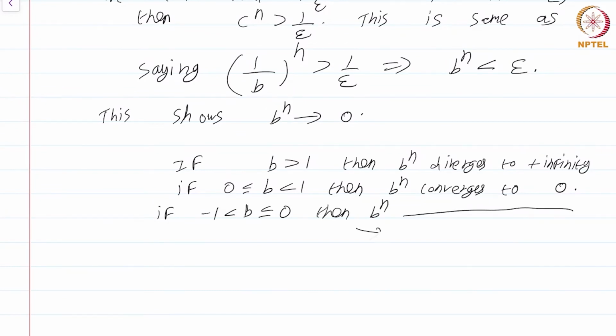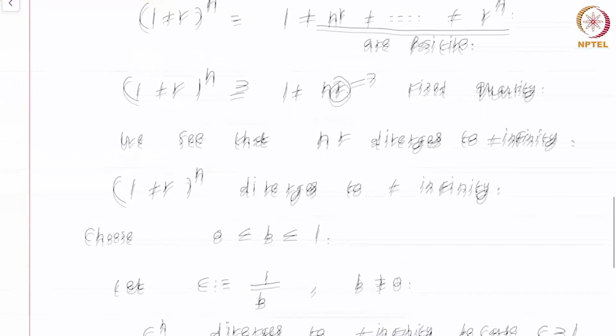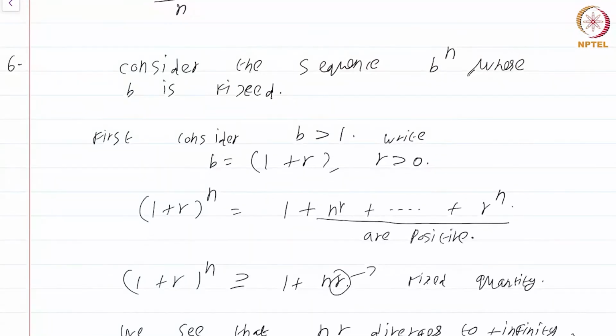Why is this? Well, I'm going to leave it to you as an exercise. Excellent. This is a very interesting one. So we have now shown that for the sequence b^n, the behavior crucially depends on the choice of b.